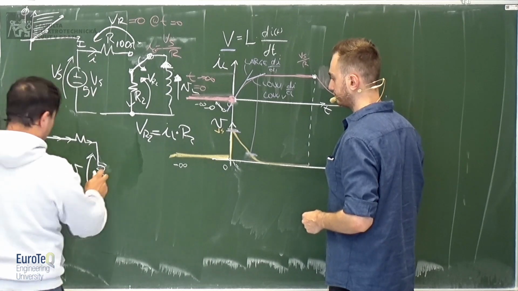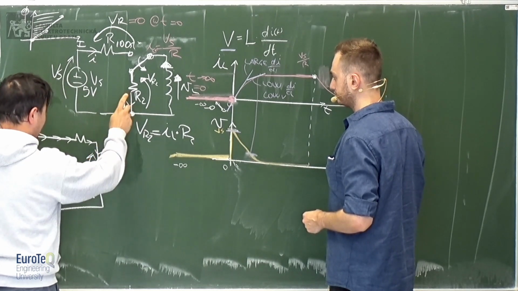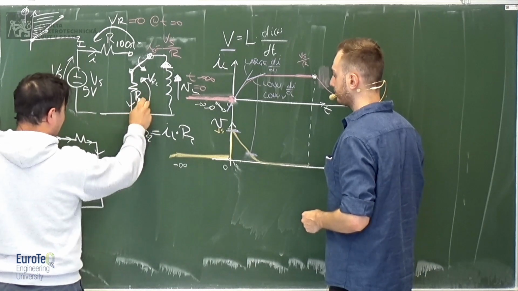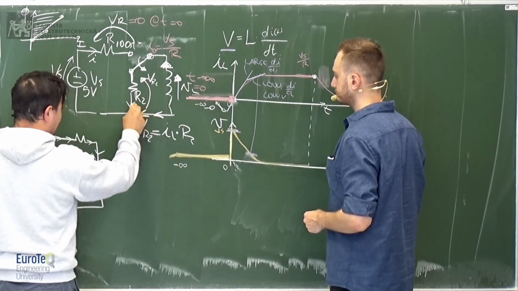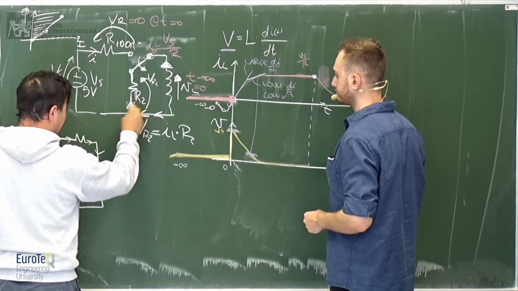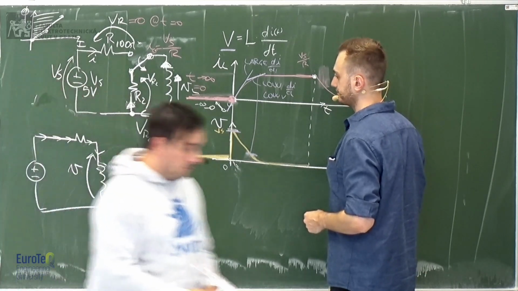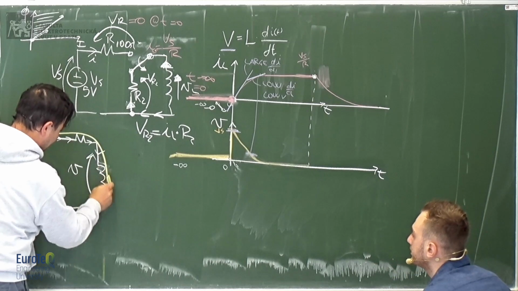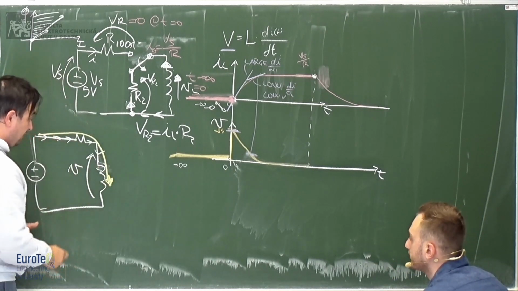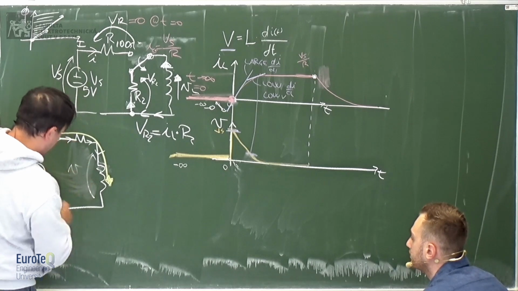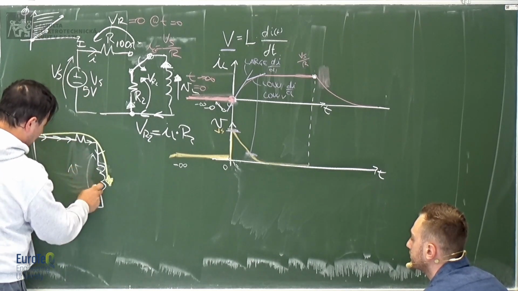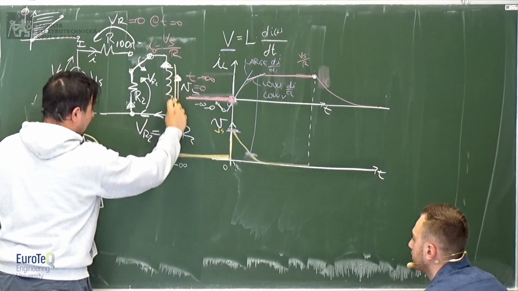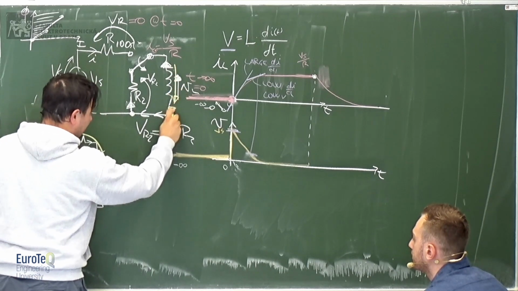But the point is not the voltage, the point is the current. The current, in fact, doesn't rotate in this direction, but it rotates in this direction. So the error was here. You have a current which goes in this direction, and the current cannot be changed instantaneously. So when I connect this to a load, the current will continue to rotate in this direction.